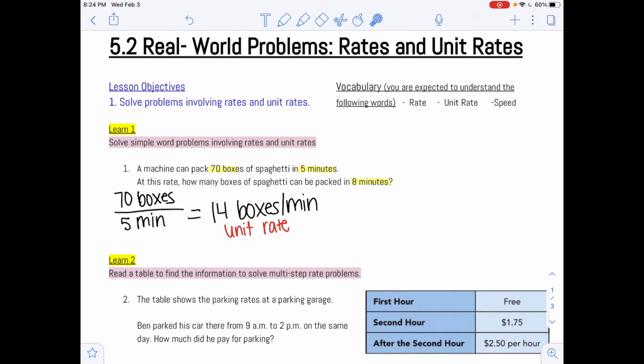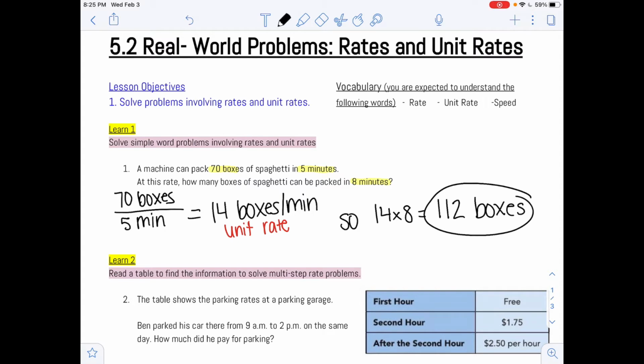But our question's asking us to find then how many boxes can be packed in 8 minutes. So if we know 14 can be in 1 minute, we now need 8 groups of that. So we're going to take 14 times 8 to find that 112 boxes can be packed in 8 minutes.